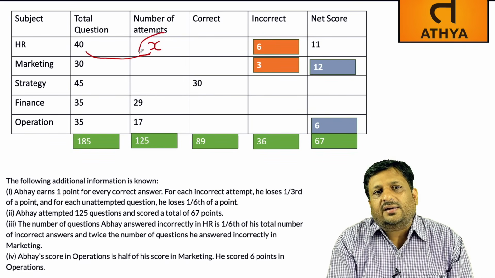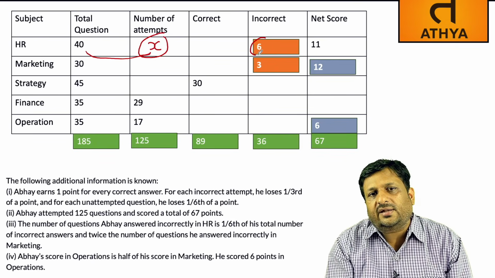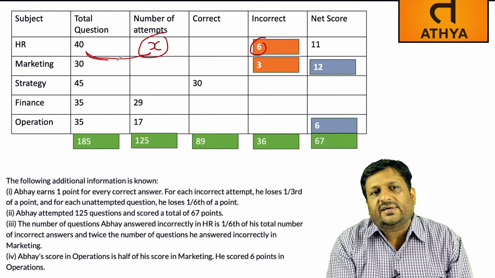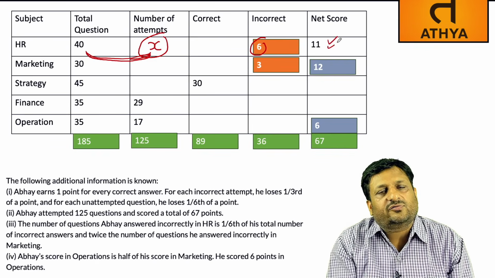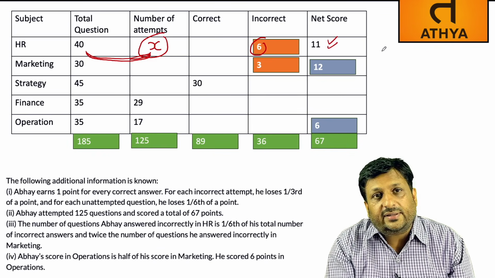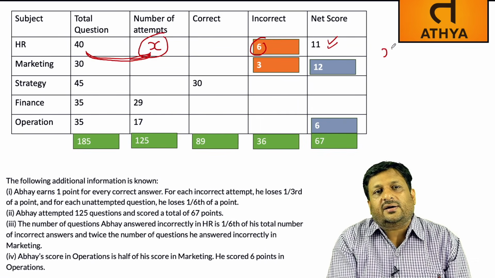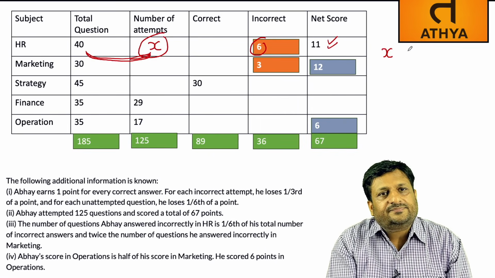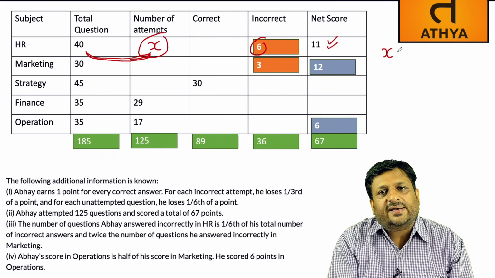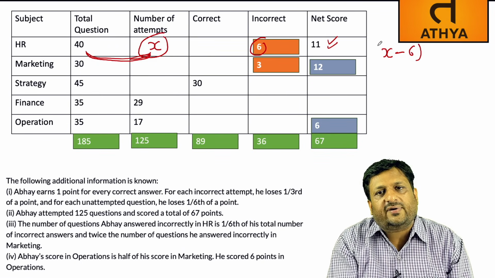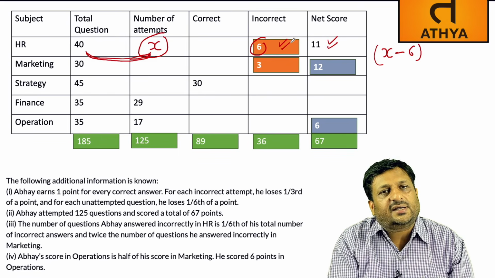So X are attempted, 6 are incorrect, and 40 minus X questions he left in HR. And his score is 11. So from here I can calculate X by making the equation. So let's say X are attempts, X minus 6 should be correct.